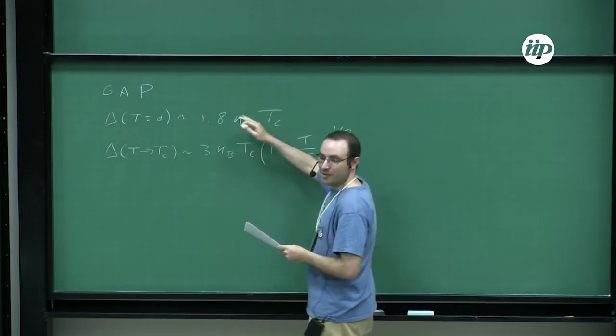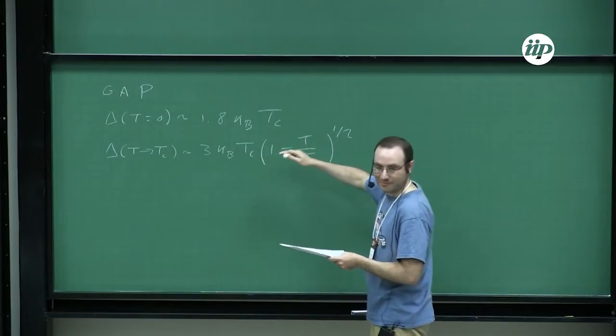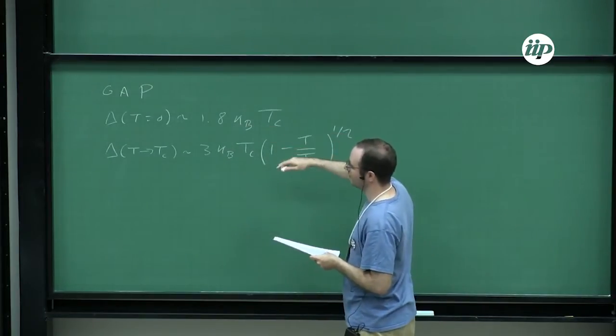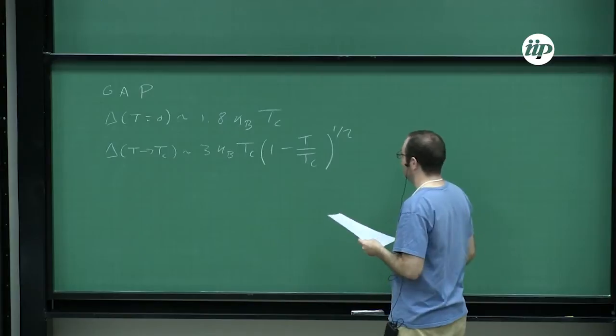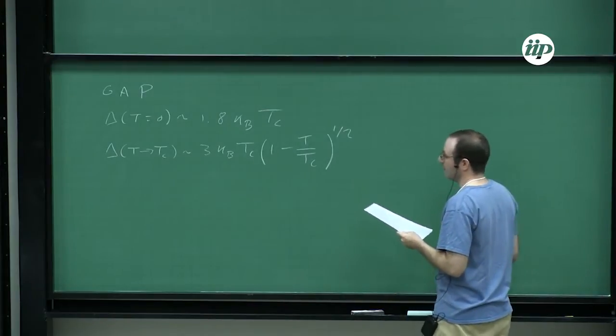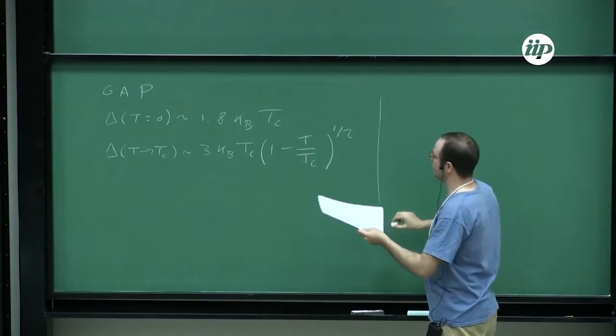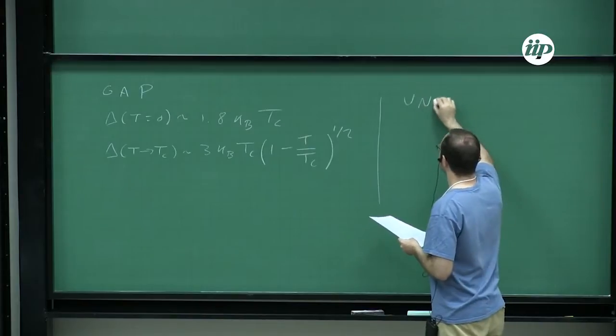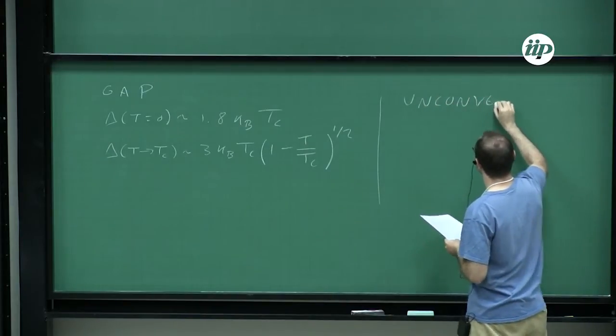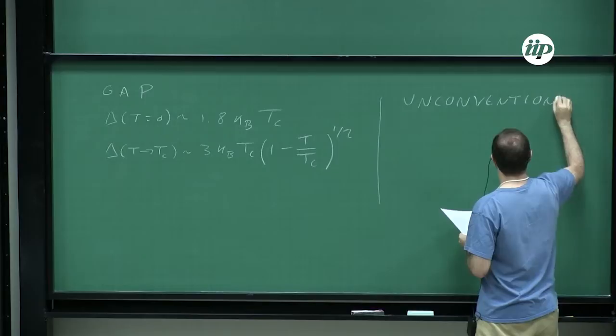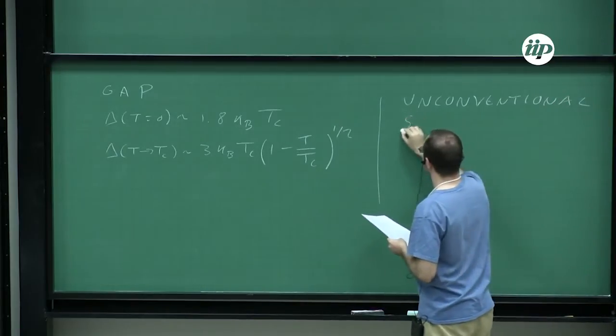I'm just putting this to show that you have very precise predictions from BCS theory, and everything that doesn't fit within these predictions is called an unconventional superconductor.